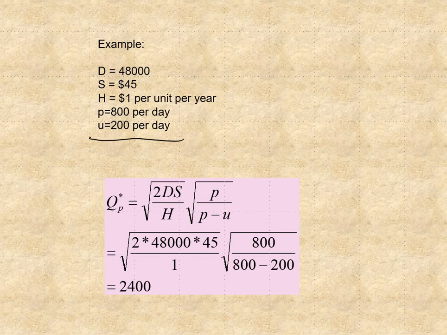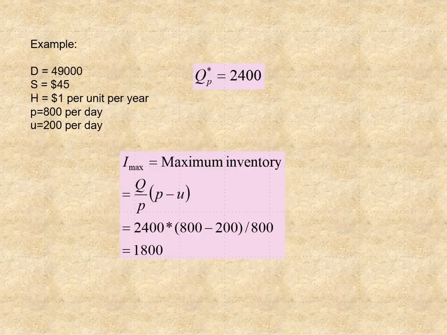We plug the numbers into this equation: D equals 48,000, S equals 45, H is 1, P is 800, and U is 200. Plug in the numbers, we get 2,400 units. That is the Q, the quantity, if we produce, we will be able to have the minimal total cost.